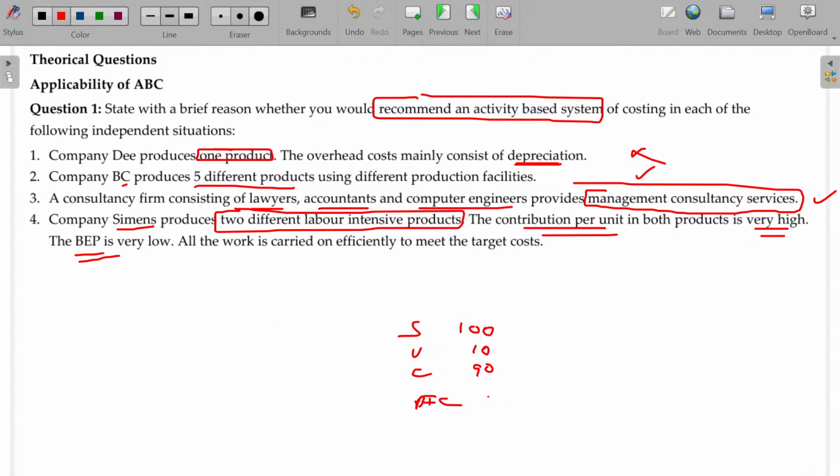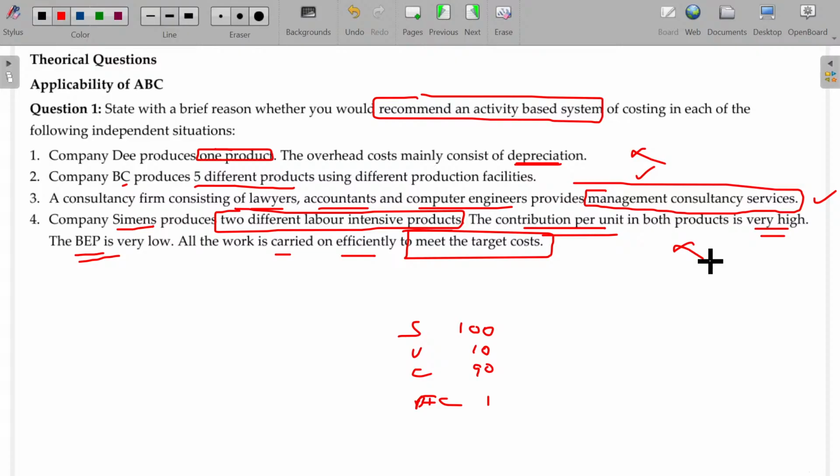Fixed cost is a very, very small number. Only then the BEP could be lower. All the work is carried on efficiently to meet the target costs, and they are very stringent to spend the money. So what happens then? We need not use the ABC costing at all, because the fixed overhead is very insignificant. If the fixed overhead is insignificant, never bother about that.